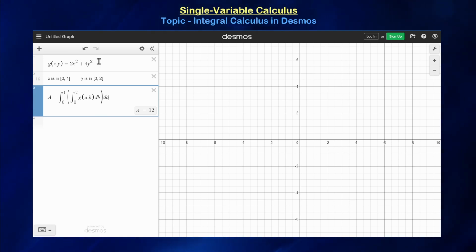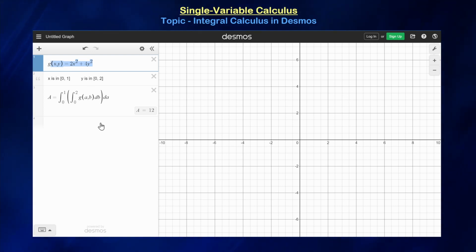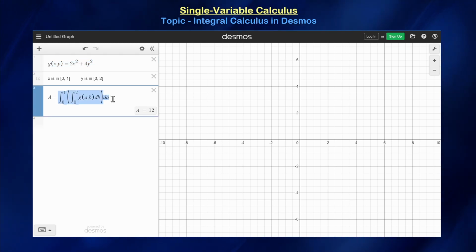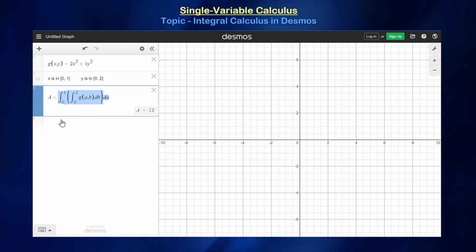Therefore, is g a probability density function for x and y? No, because that should be equal to 1. Now we should be able to build a probability density function from g by normalizing or shrinking down that area. Because if I divide both sides of this integral by 12, then I have that normalized area is now equal to 1.